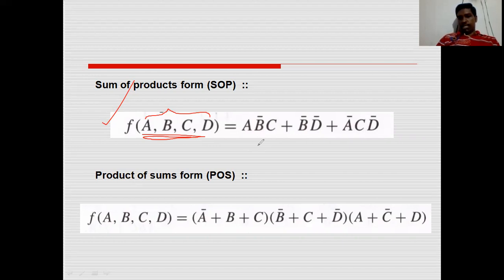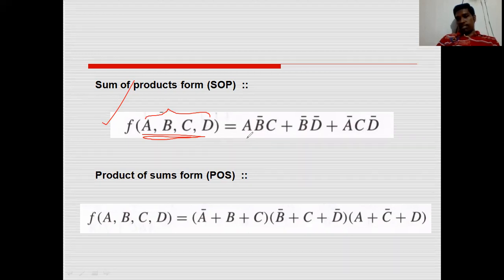All the literals present in the function must and should exist in each and every term of the expression. Once again, I will repeat the condition. All the literals present in the function, that means A, B, C, D, must and should exist in each and every term of the expression.